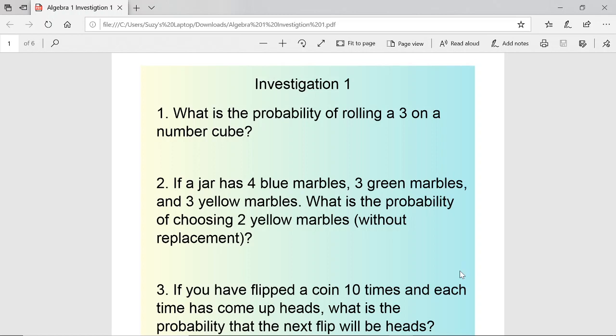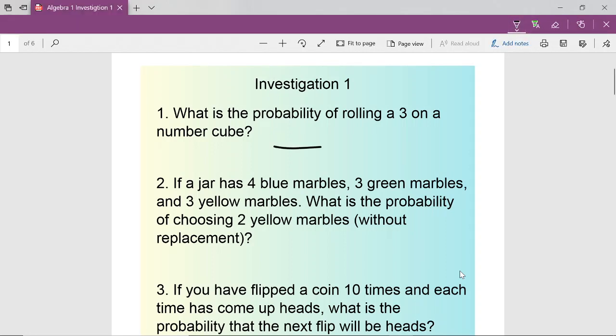Number one, what's the probability of rolling a 3 on a number cube? Remember that whenever we talk about probability, especially theoretical probability, in our proportion, in our ratio, we are talking about the number of successes versus the total number of possibilities.